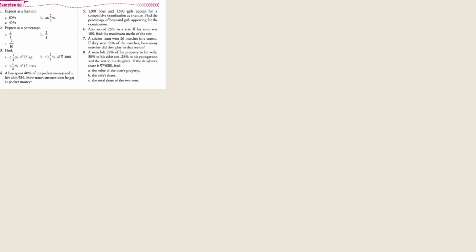First, 80 upon 100. The 0 will get cancelled out with 0, and now we simplify this to 4 upon 5. So the correct answer will be 4 upon 5.